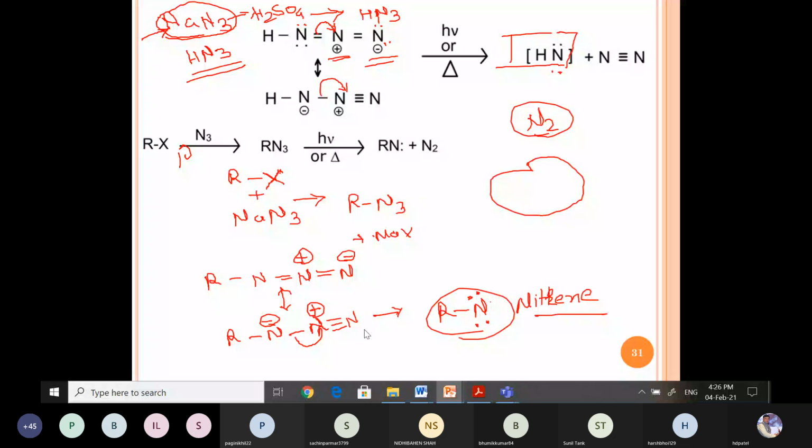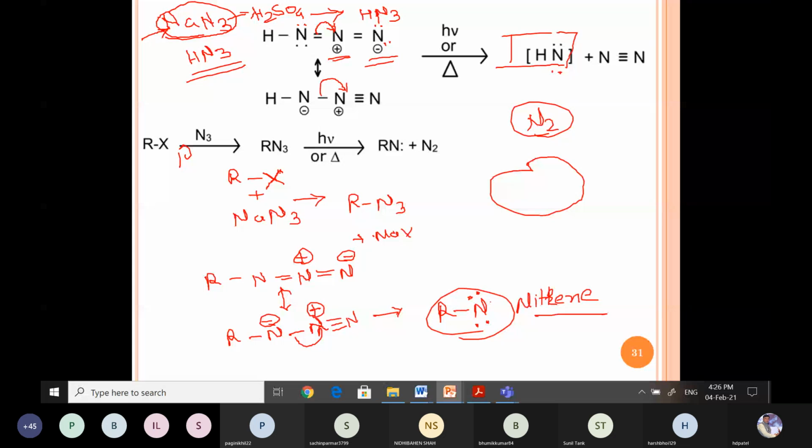We will discuss the generation of nitrene from acid chloride also. If you are having RCOCl, then by treatment with NaN3, we will get RCON3. And from RCON3, it will convert into RC double bond O N, that is called nitrene. So various ways of generation of nitrene.